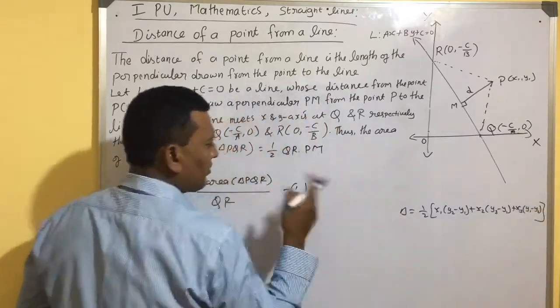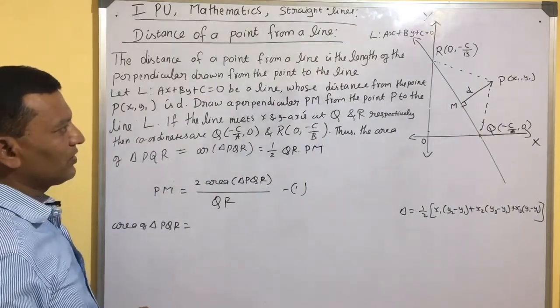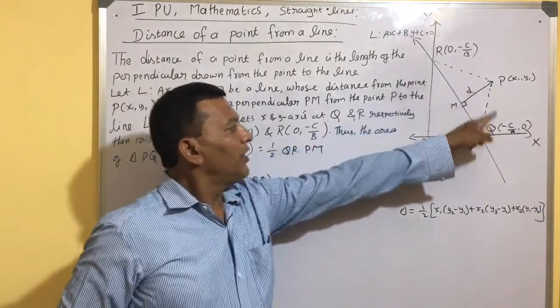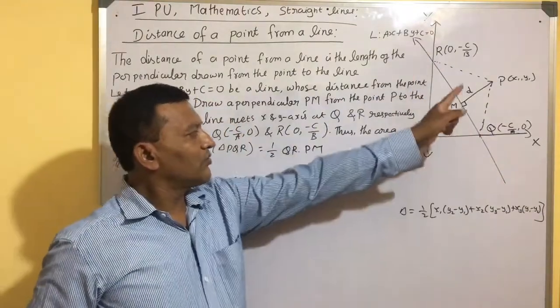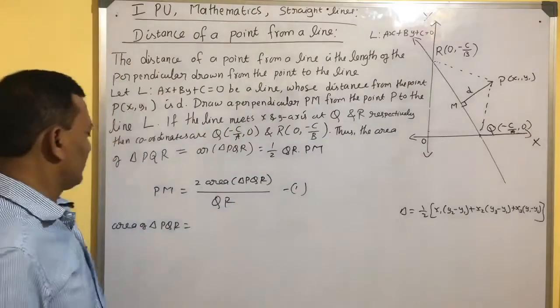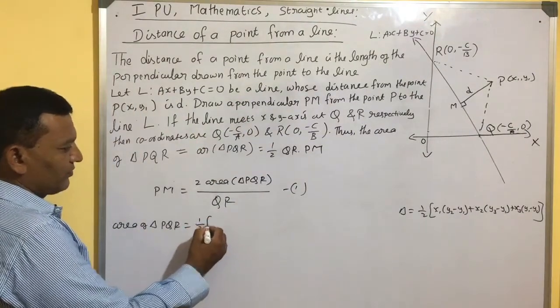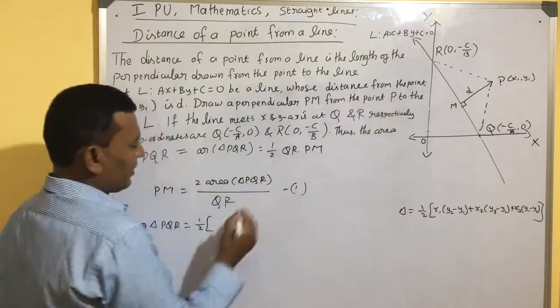Okay, we know this formula. With that assumption, we will first find the area. Now we need the three coordinates, P, Q and R. That is x1, y1. This I will take as x2, y2, and this as x3, y3.